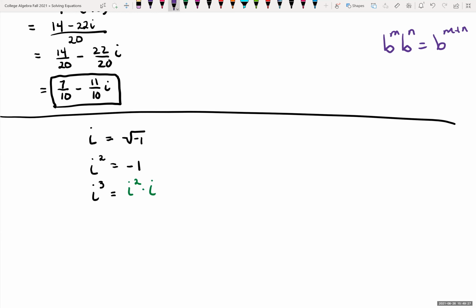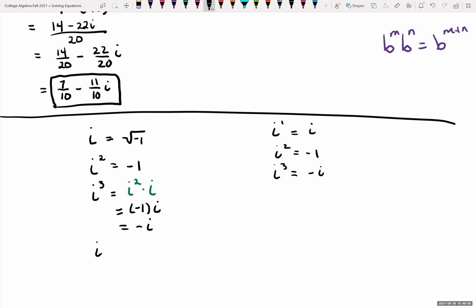So if I wanted i cubed, I can rewrite it as i squared times i, adding the 2 and the 1 gives me that cubed. And so i squared, remember, is -1 times i, or negative i. I'm going to just put these over here so that we can look at what's going on.